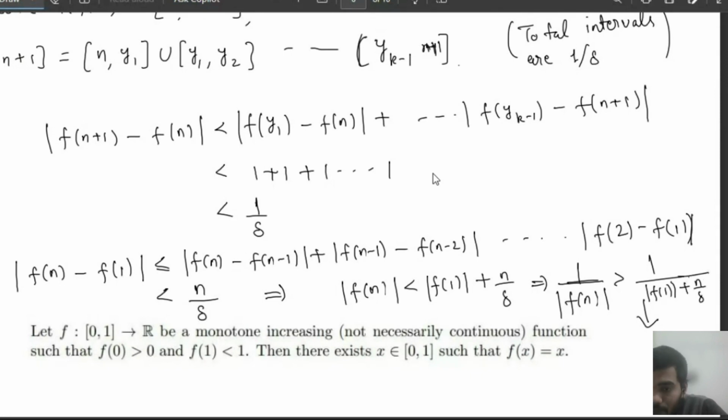Does it imply that the sum of 1 by f(n) is divergent? Yes, sir. Very nice. Does anybody have doubt that this condition will imply divergence of the sum of 1 over f(n)?